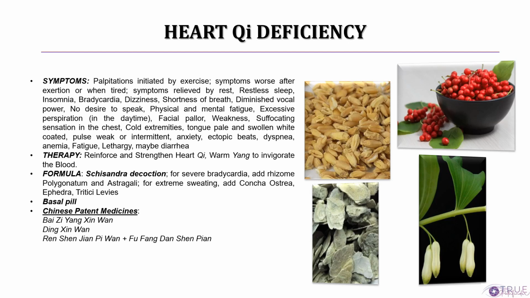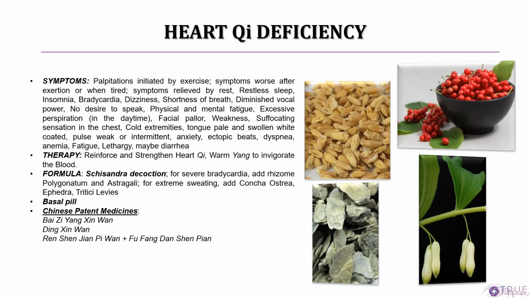To treat the heart Qi deficiency that causes the bradycardia and all the other symptoms that you see here, we want to reinforce and strengthen the heart Qi and also warm the Yang to invigorate the blood. The formula that we use for that is Schisandra decoction. For severe bradycardia, we can also add rhizome, polygonatum, and astragalus.